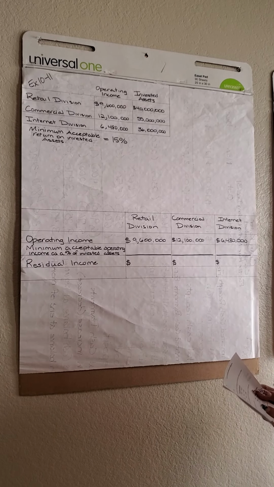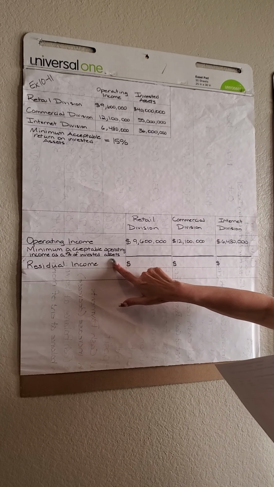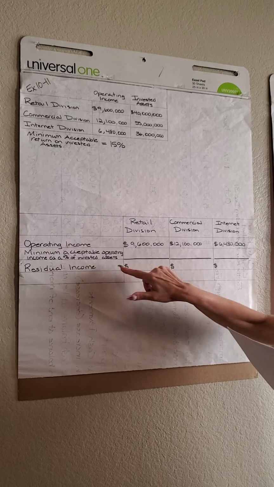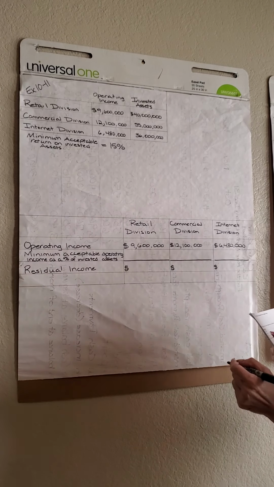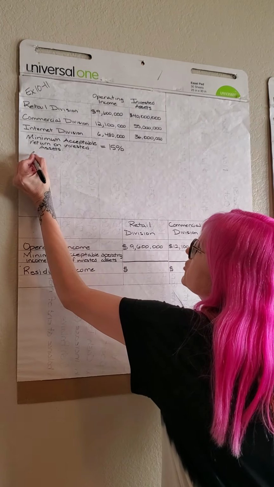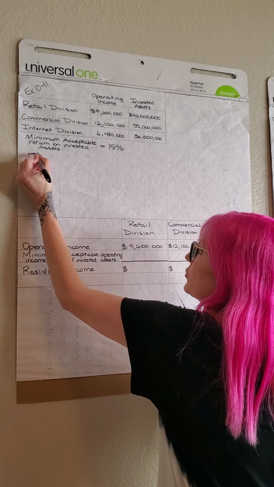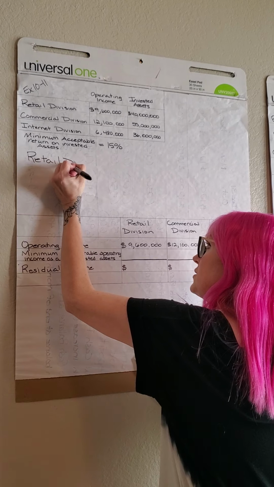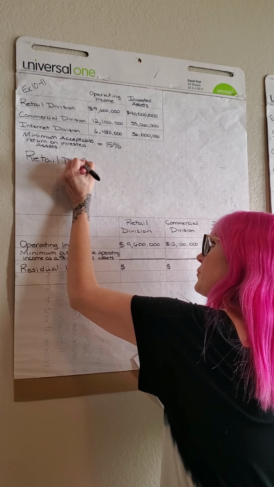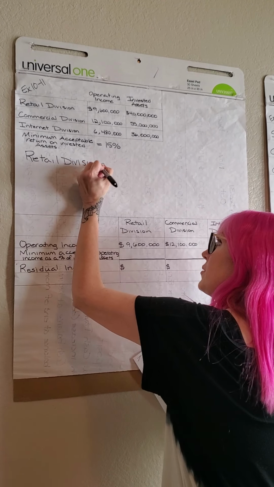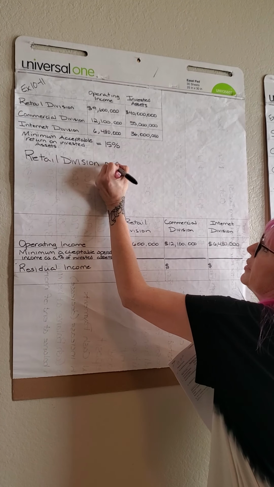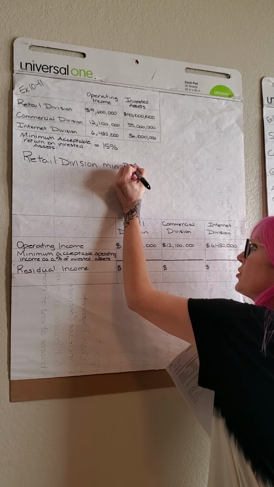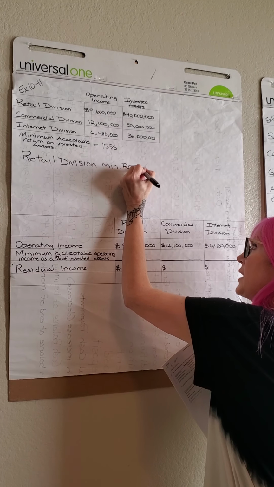So the first step is to determine what the minimal acceptable operating income as a percent of invested assets is. To do that, we're going to do this for each of our divisions. So we're going to take the retail division, and I'm going to say minimum return on invested assets.